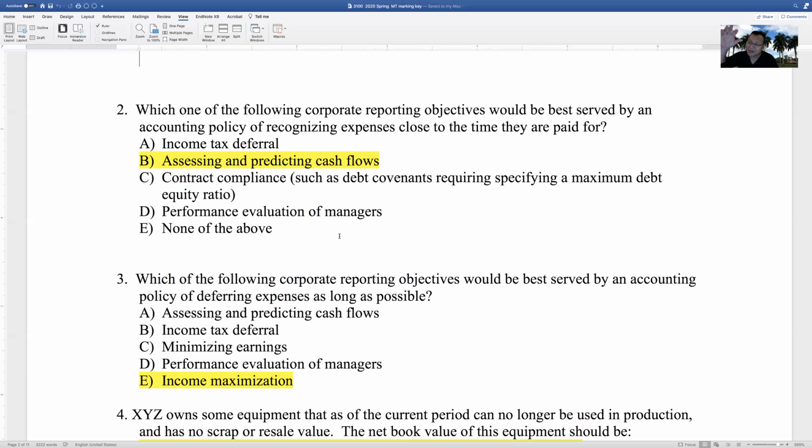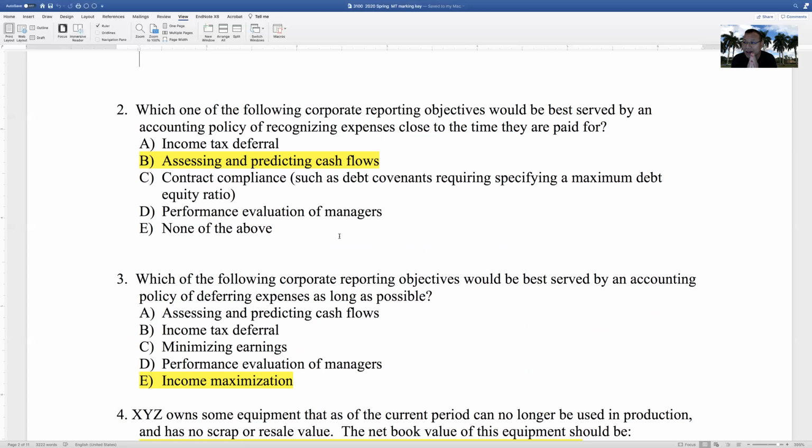If the timing of the recognition of the expenses is very close to the timing of the cash flows, then you can use the income statement to predict cash flows, because on the income statement you can see the expenses. You can approximately consider them as the amount of the cash outflows, because the timings between the expense recognition and the cash outflows are very close.